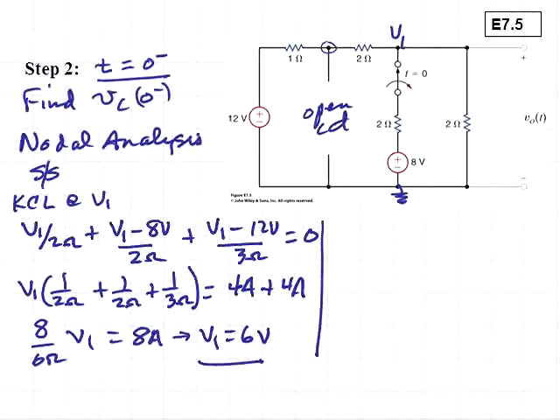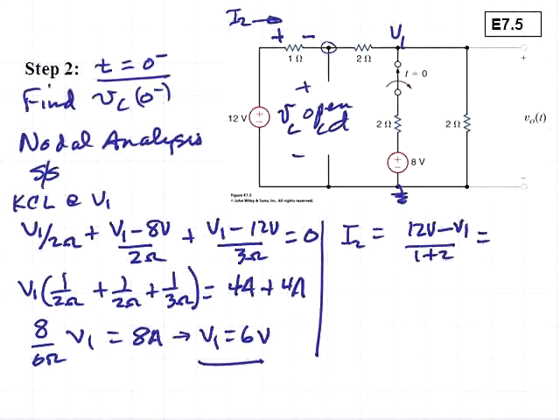Now we can determine the voltage VC across the capacitor, and we'll obtain that by taking the 12 volt source and subtracting the voltage drop across the 1 ohm resistor. Consider a current I2 flowing from the 12 volt source to the node V1. We'll have that I2 is equal to 12 volts minus V1 divided by 1 plus 2.